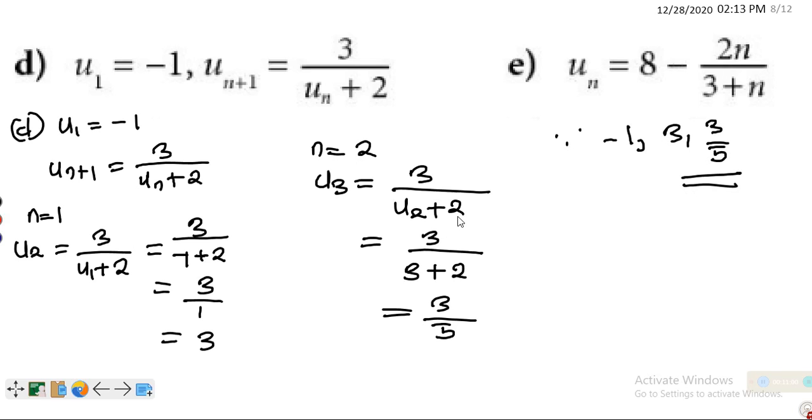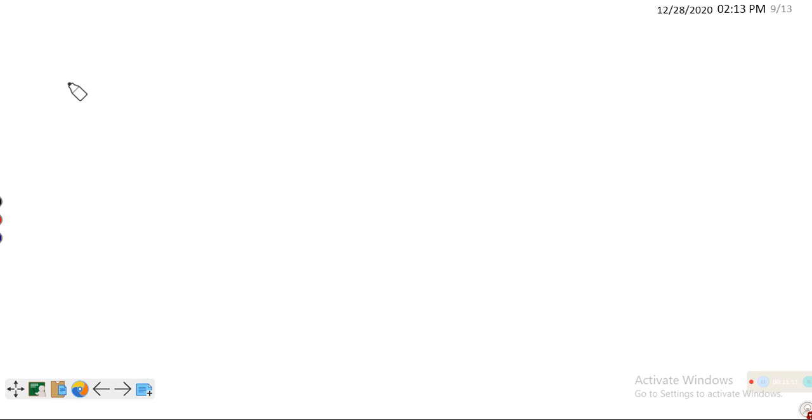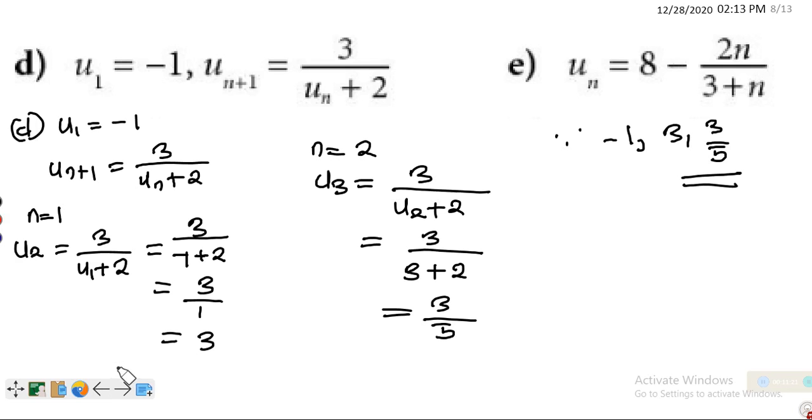Taking e, we have un equals 8 minus 2n all over 3 plus n. Did I copy correctly? Yeah.